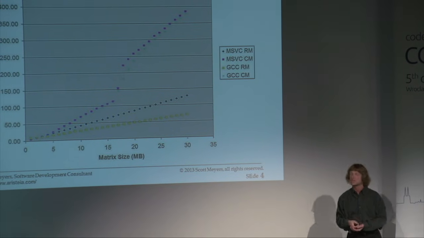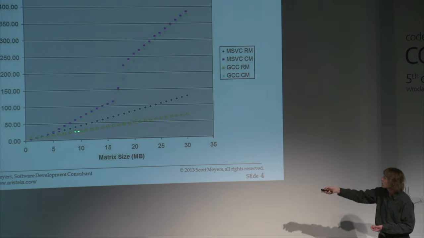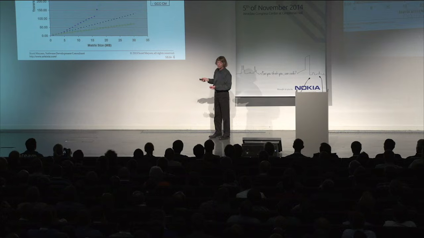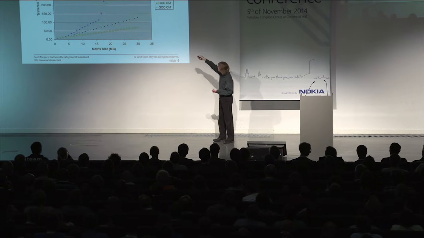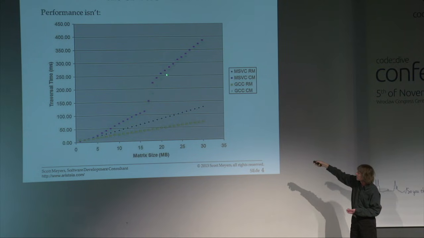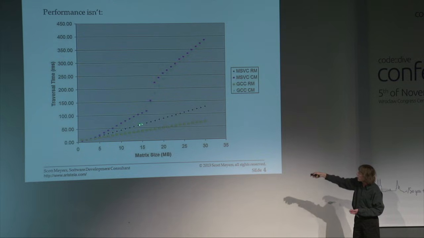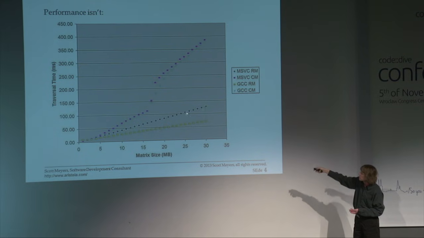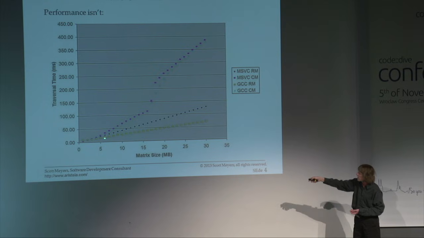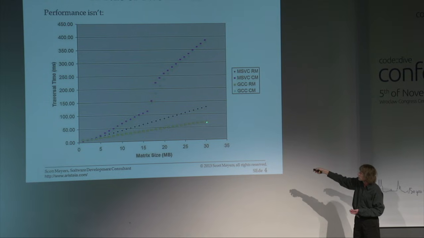Column major traversals are taking noticeably longer than row major traversals. The other thing I want you to notice is the column major traversals don't proceed in a linear fashion. There's this little leg in here. This is a row major traversal using Microsoft's compiler.